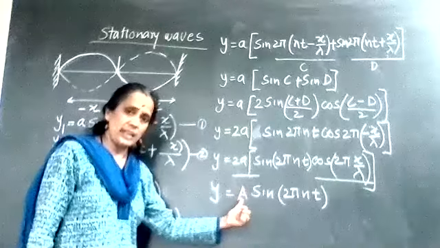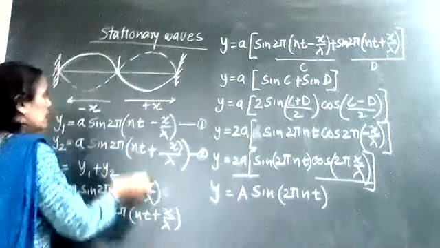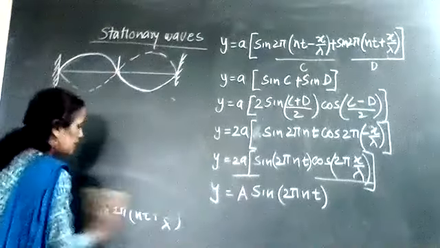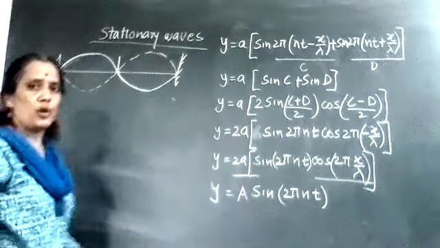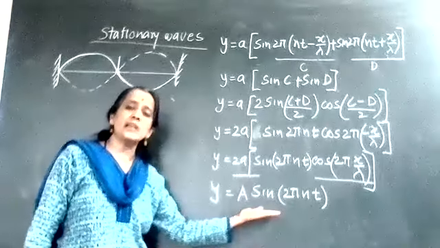What is capital A? Capital A is nothing but the resultant amplitude of the stationary wave, because now I am getting this as an equation of a stationary wave.